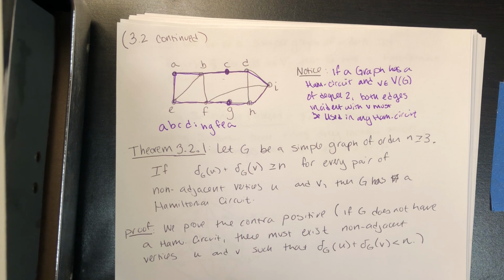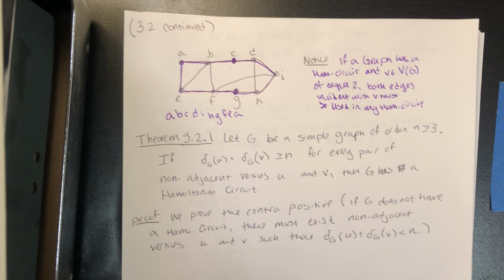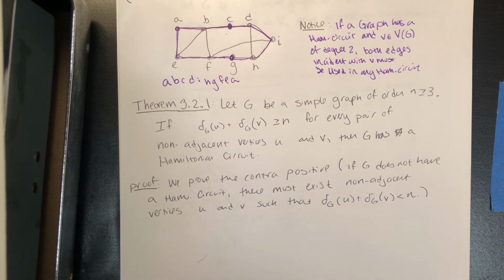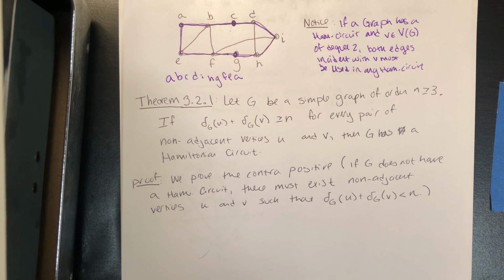But we have a few other theorems that we can use in helping us to determine if a circuit exists or not. Theorem 3.2.1 is one such result. It says that if G is a simple graph of order at least 3, and if G has the property that for every pair of non-adjacent vertices U and V, the degree of U plus the degree of V is at least n, then G has a Hamiltonian circuit.